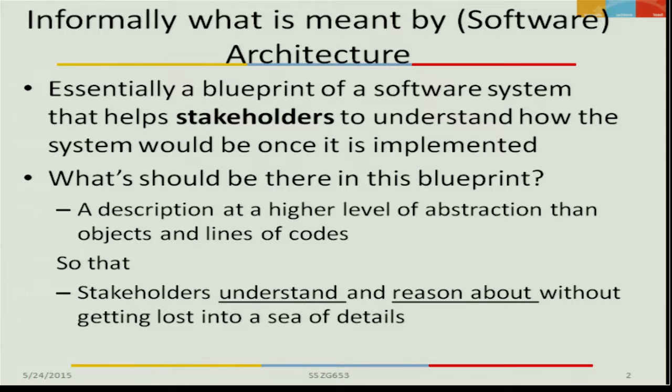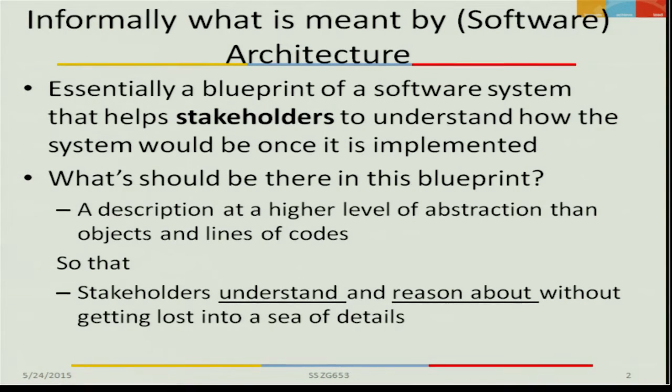So the question is, what should be there in this blueprint? Essentially, you need a description at a higher level of abstraction than the objects and lines of code. If you are building systems in object-oriented languages, first you have to understand what an OO language and an OO paradigm are, and then you will appreciate what is meant by a description at a higher level of abstraction. It is certainly not at the level of code.